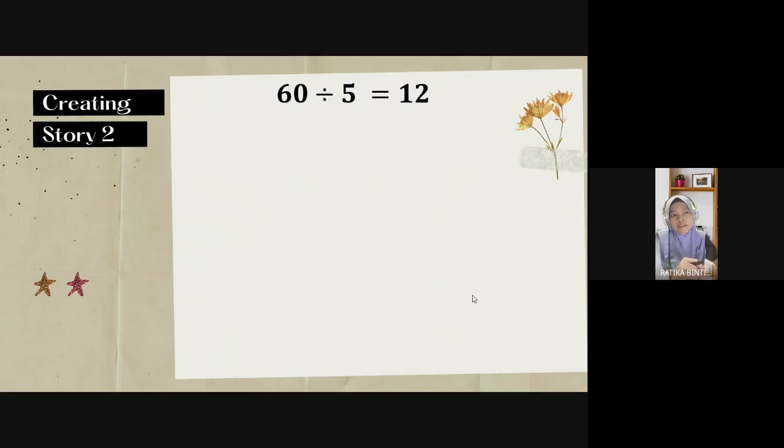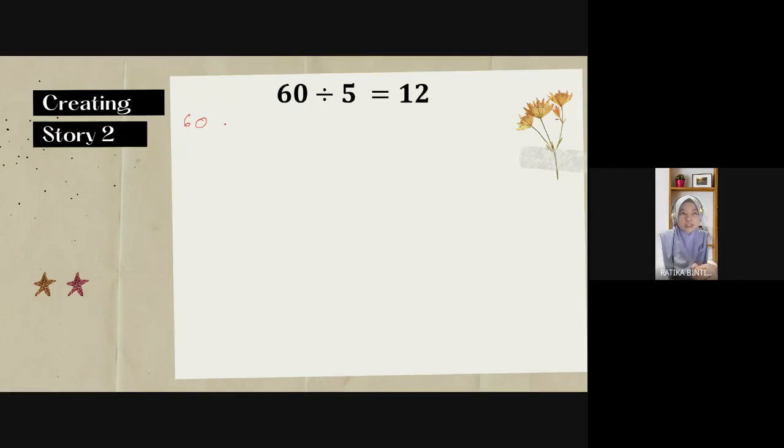Okay. Now let's look at this one. 60 divided by 5 is equal to 12. Okay. Can you give me any idea what object can we use to represent this number? Riska? 60 what? 60 what? Switch on your mic, Riska. 60 what?